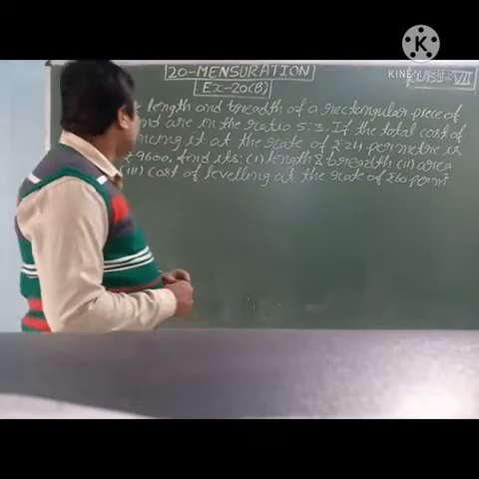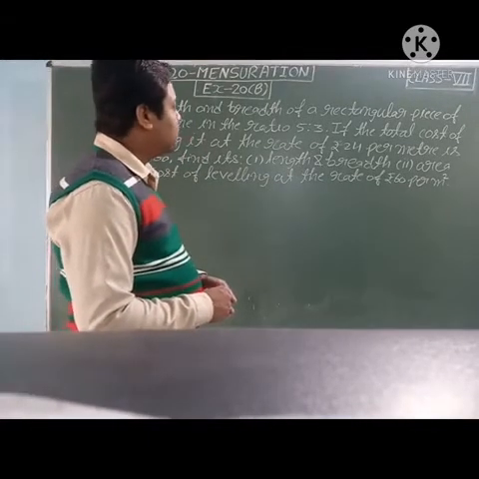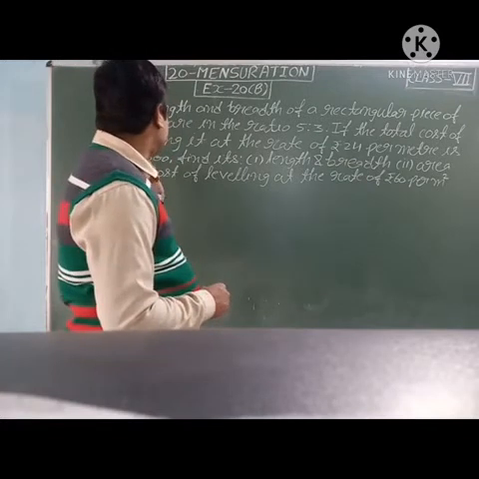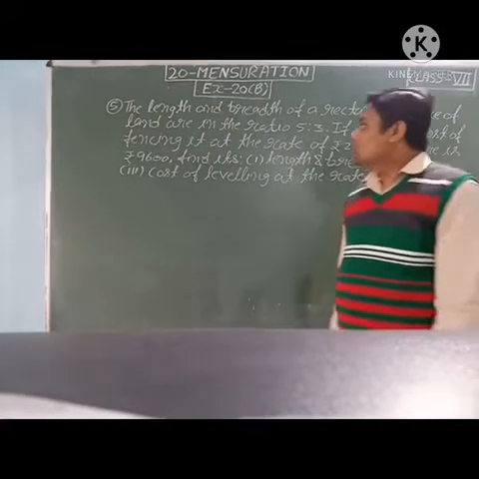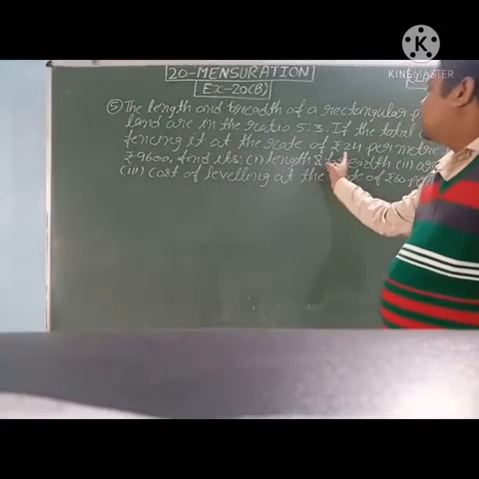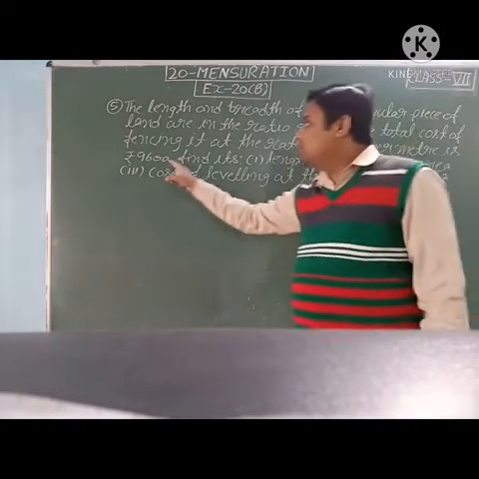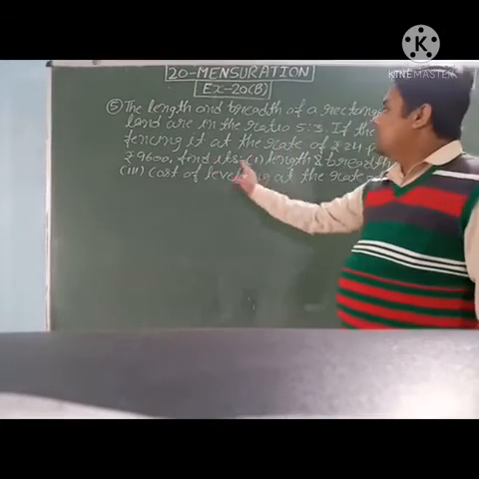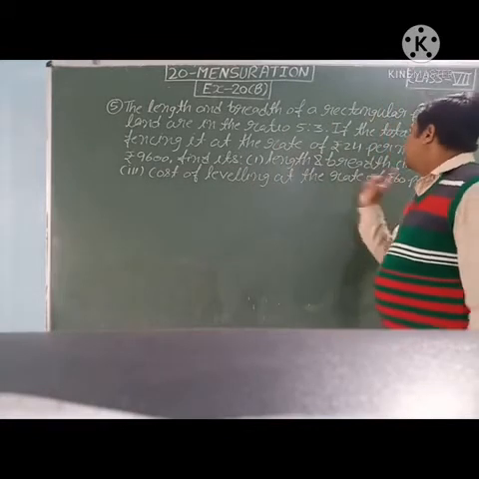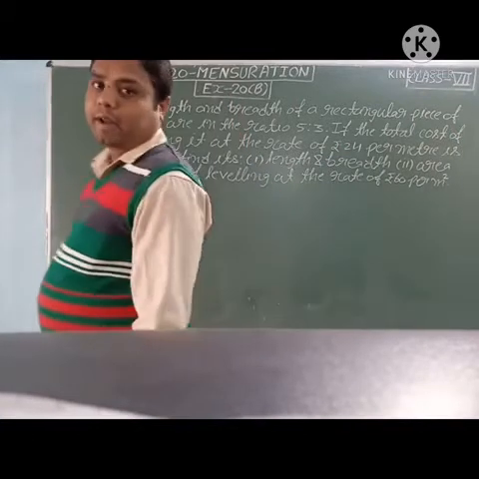If the total cost of fencing it at the rate of ₹24 per meter is ₹9,600, find its length and breadth. The ratio of length and breadth is given, that is 5:3, and the total cost of fencing at ₹24 per meter is ₹9,600.